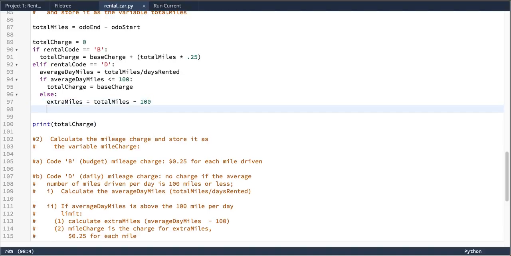And then our calculation is going to be total charge equal base charge plus extra miles times 25 cents. And so that would give us our daily charge.